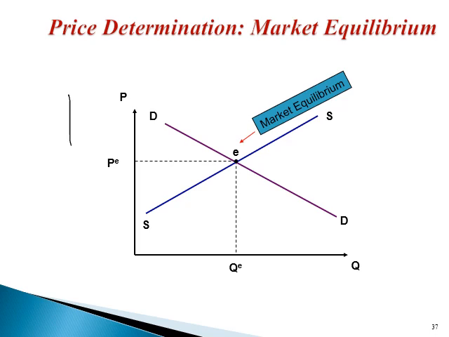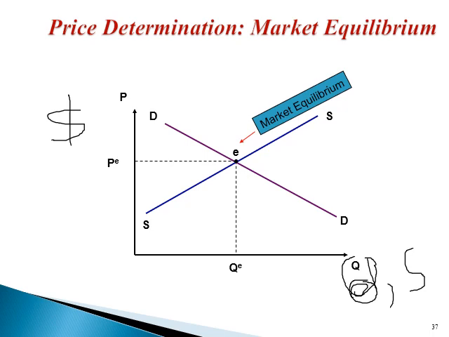Here we have the market price measured in dollars or in pounds, and here this is the market quantity demanded and supplied. When the supply intersects with demand, we get market equilibrium. So PE is price equilibrium, QE is quantity equilibrium.